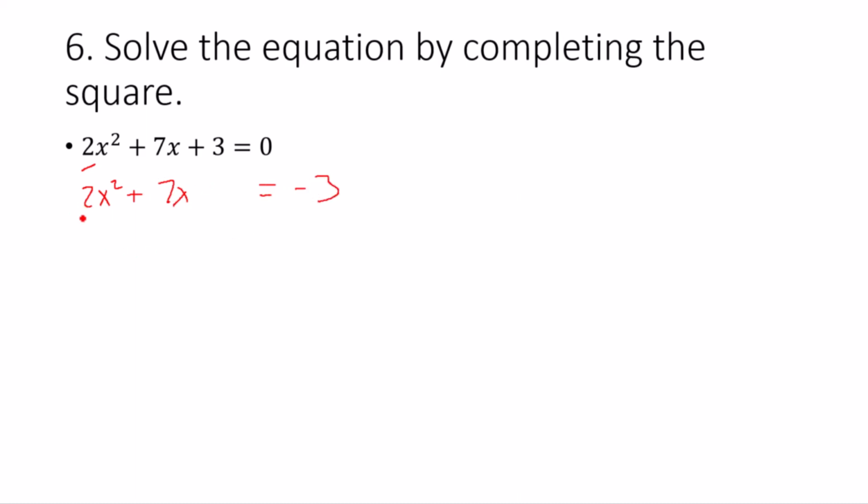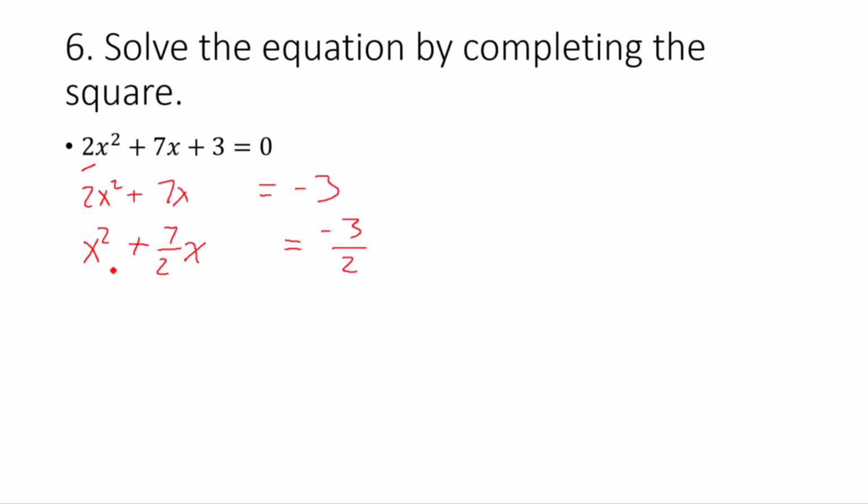Now we'll divide by the 2. 2 into the first one will be x squared. 2 into the next one, or multiplying by 1/2, will give you 7/2 x. Leave the blank. Over here, divide that by 2, and we'll have negative 3 over 2.